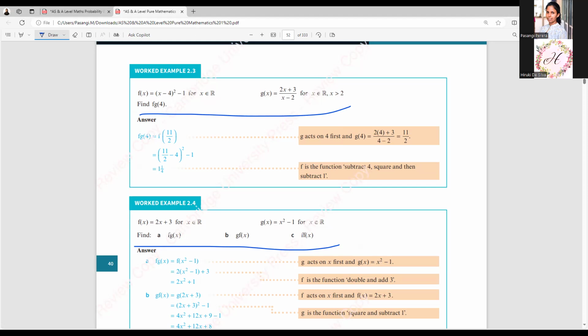So we can complete this entire book by the end of Jan. The Pure Maths and also the stats ones. The other two also like that.